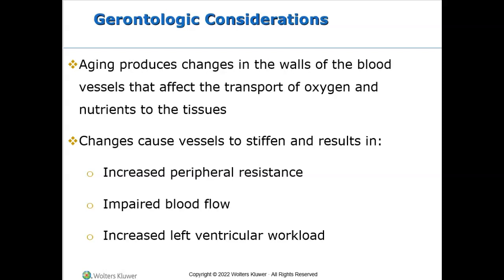There's an increase in peripheral resistance, impaired blood flow, increased left ventricular workload. Remember, the left ventricle is the pump that pumps the blood to the body. And this can lead to hypertrophy of the myocardium, so enlarged muscles in the myocardium.